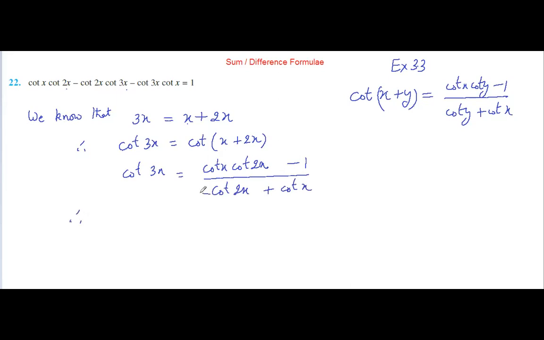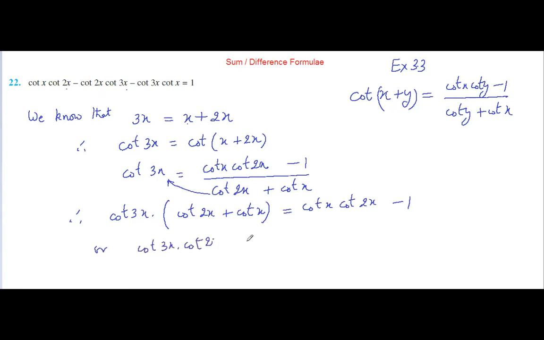Therefore, if we multiply the denominator into the numerator of the left hand side, we have cot of 3x multiplied by (cot of 2x plus cot of x), that is equal to, the right hand side is left only, cot x into cot 2x minus 1. Or you can say cot 3x multiplied by cot 2x plus cot 3x multiplied by cot x is equal to cot x into cot 2x minus 1.